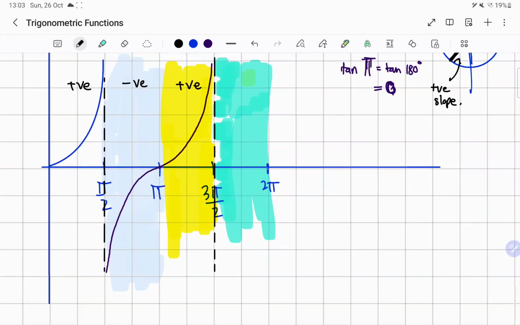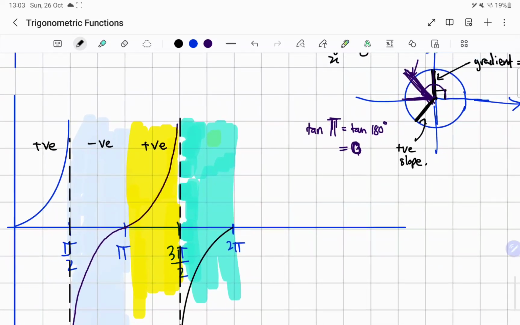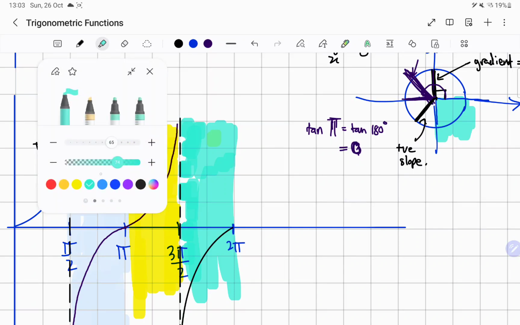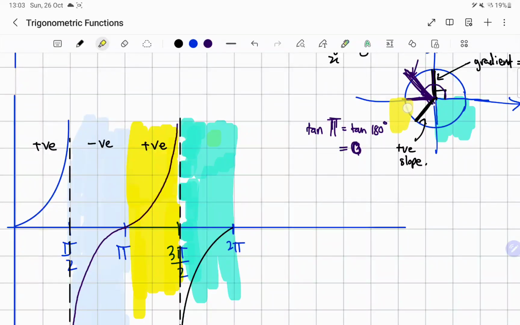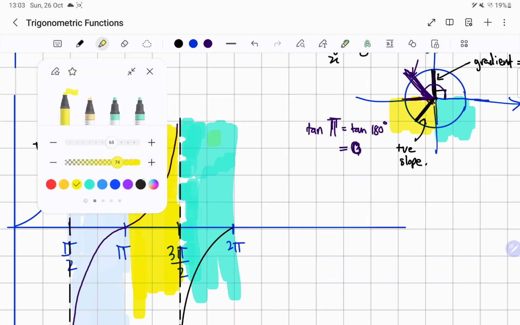You will find that tangent is like that, so it goes from negative infinity to 0 again. This is the fourth quadrant. I will just color the quadrants accordingly so that you can look at the logic a bit.